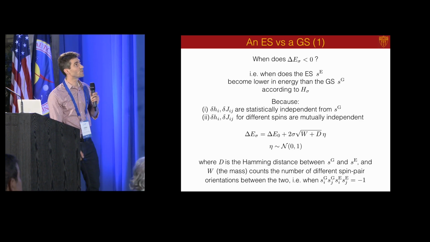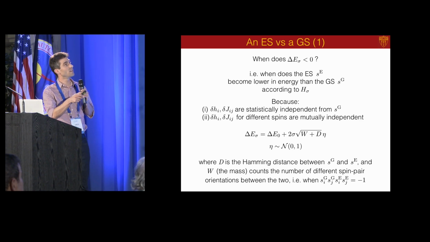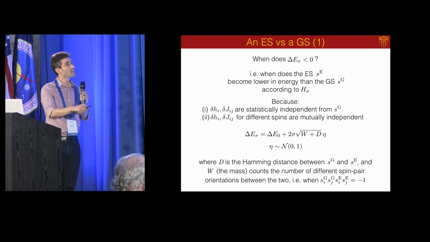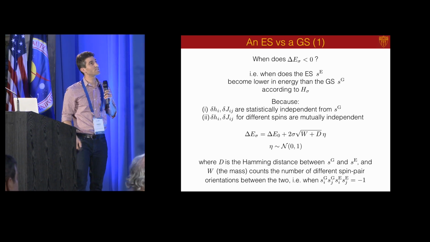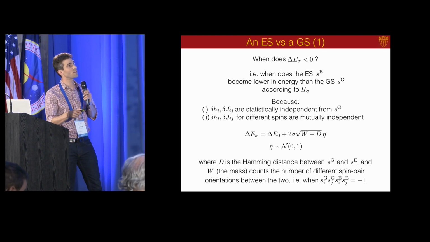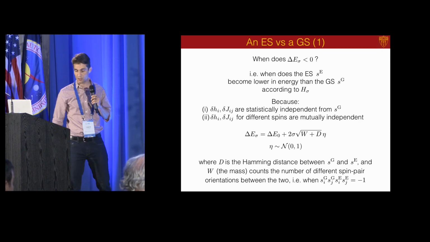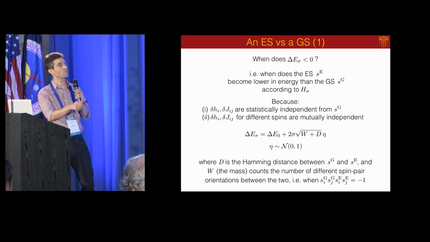So now we can make two observations. We first notice that these random variables are statistically independent from the ground state that I picked, and they're mutually independent, so I can actually rewrite this energy difference as this, where delta E0 is the energy difference under H0, so this will always be positive.